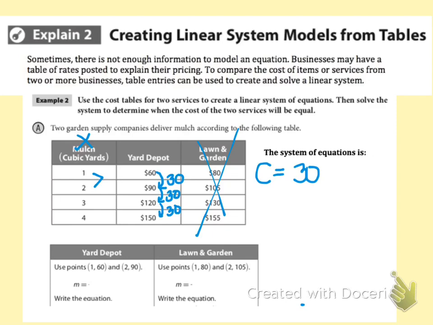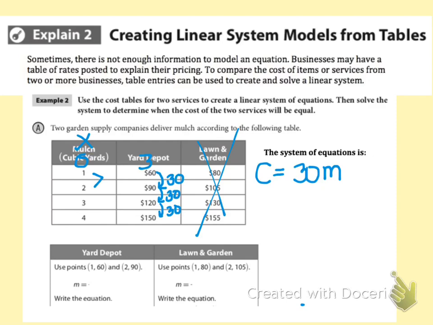Whatever you want to call that, we'll say that M represents a cubic yard of mulch. But there's obviously a delivery fee built into that first cubic yard, because they charge you $60, but for each additional yard, they only charge you an additional $30. So if you work backwards to 0 cubic yards, and I know that doesn't really make sense because then they wouldn't be delivering anything, but going back $30, you're at $30.